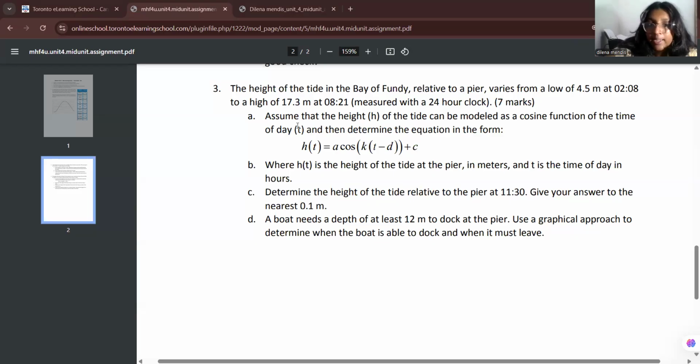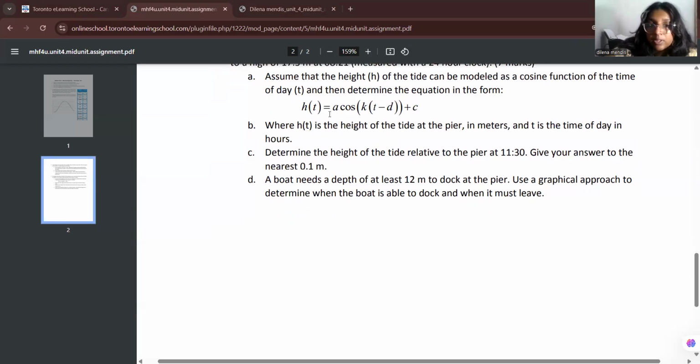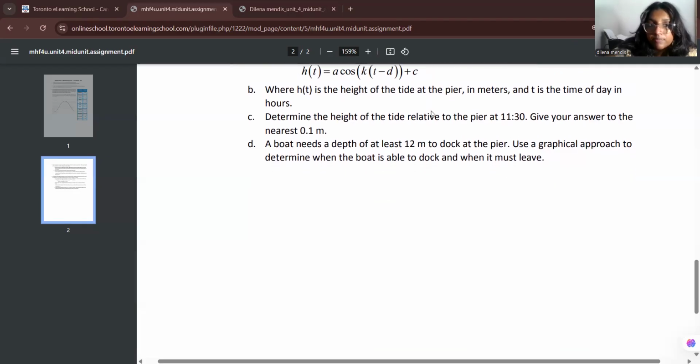Assume that the height h of the tide can be modeled as a cosine function of the time of the day, and determined from the equation in the form h equals a cos k(t minus d) plus c.